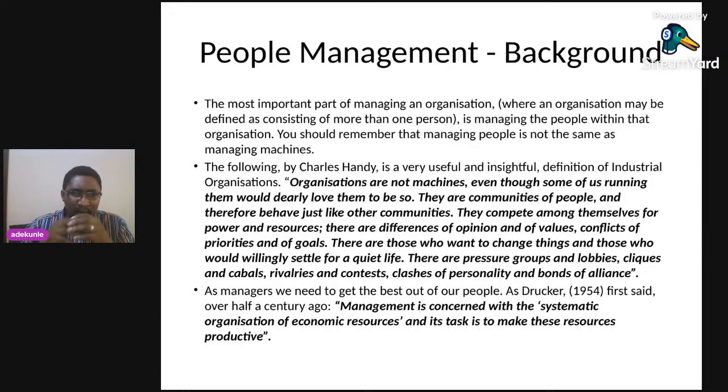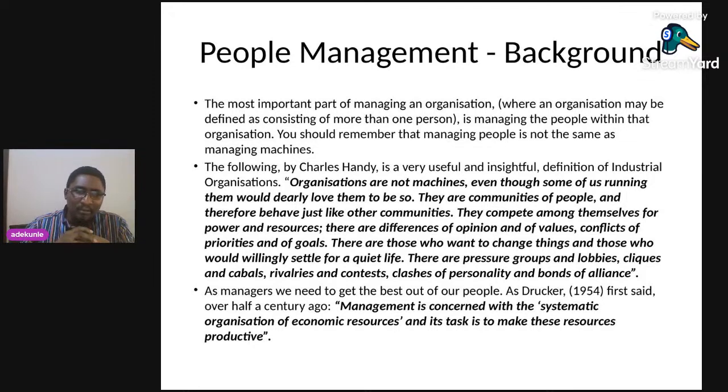But there's one insightful quote he made when he was defining the industrial organization. He said organizations are not just machines, even though some managers or CEOs run them like machines, and would dearly love them to be like that. But organizations are communities of people that behave just like any other community.